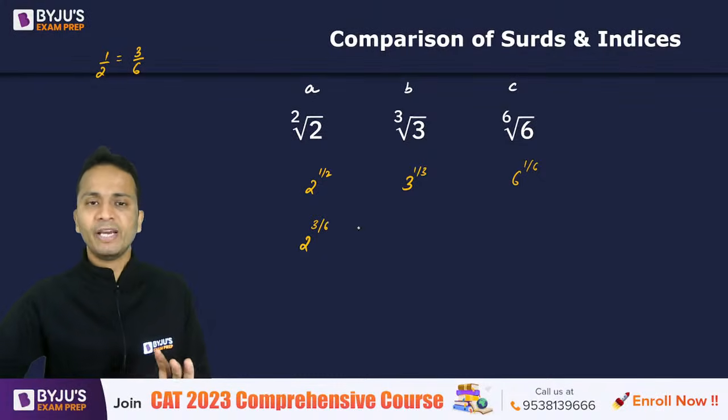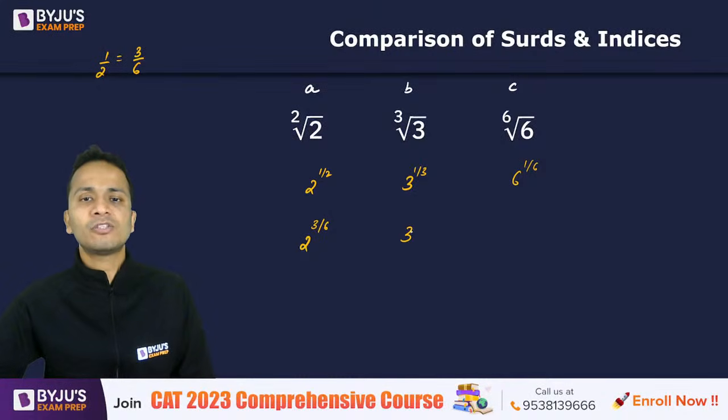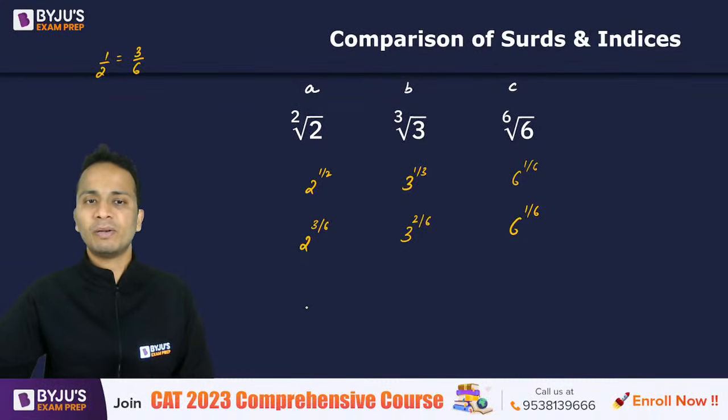This is one way of doing this question, I'm telling you. Similarly, in the second case, I can write it as 3 raised to the power 2 upon 6, because 1 by 3 and 2 upon 6 are absolutely equal. Then the last will remain as it is, 6 raised to the power 1 by 6.